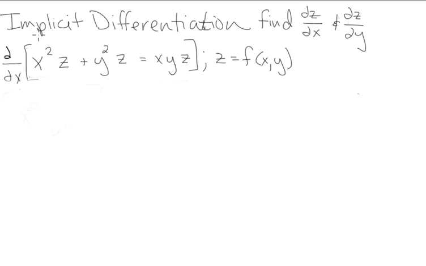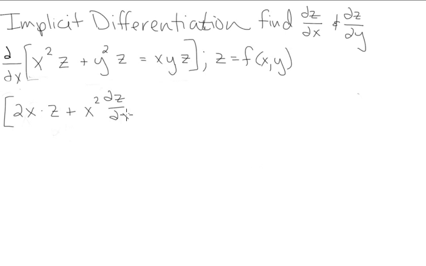So I take the derivative of this first term with respect to x. Both x and z are functions of x, so I need to use the product rule. The derivative of the first term, of course, is 2x times the second term unchanged, plus the first term unchanged times the derivative of the second term.